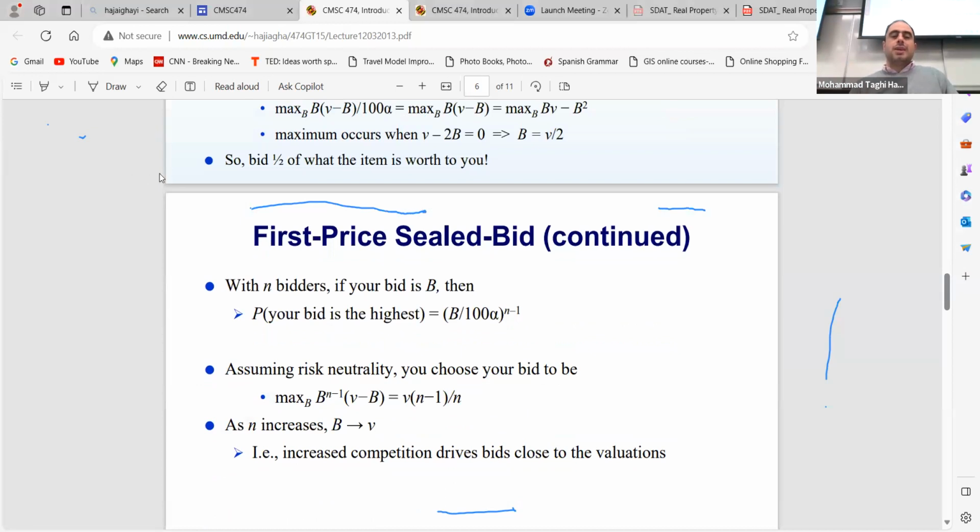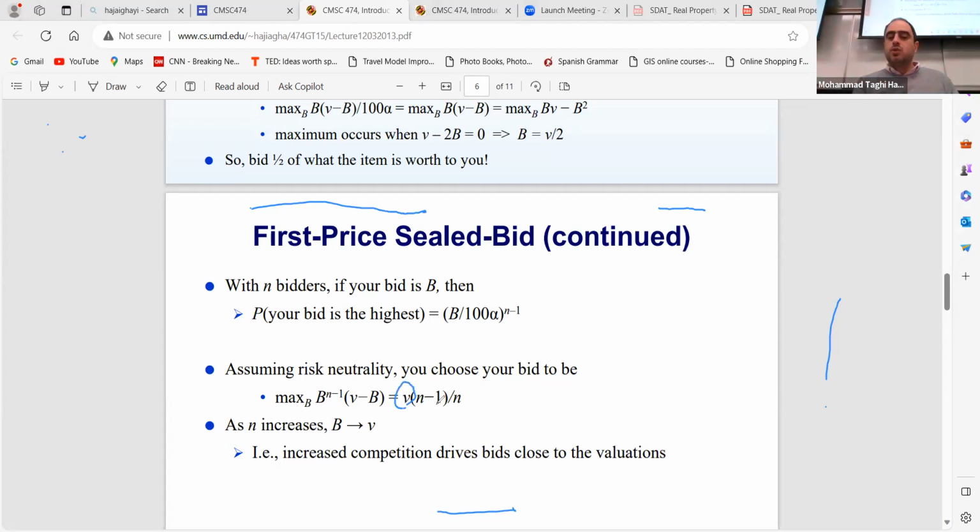Yeah. So in that case, assuming risk neutrality, you choose your bid such that you maximize this, with the same alpha. If you do that, the actual bid you need to make would be the actual valuation times n minus 1 over n.